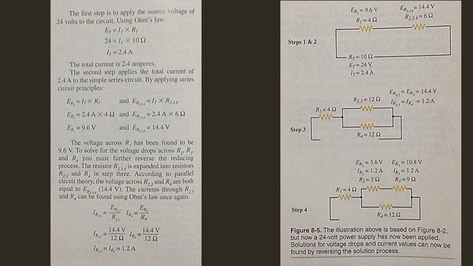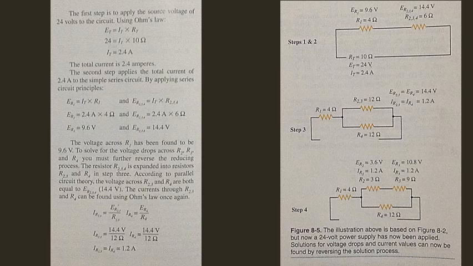So voltage drop at R1 equals 2.4 amps times 4 ohms, and voltage drop at R234 equals 2.4 amps times 6 ohms. So voltage drop at R1 equals 9.6 volts, and the voltage drop at R234 equals 14.4 volts. The voltage drop across R1 has been found to be 9.6 volts.